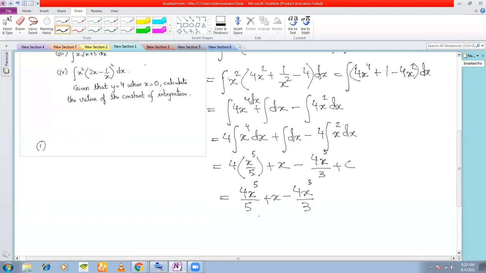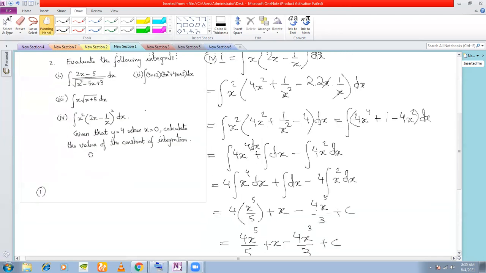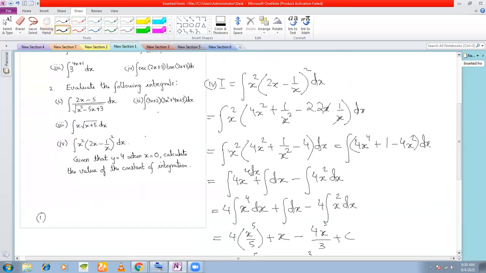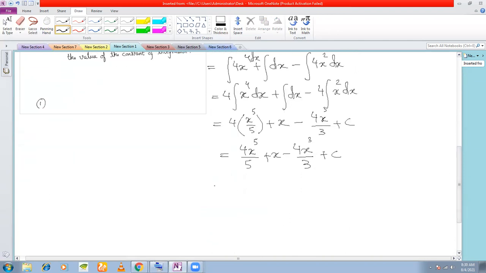Okay, that is what you are getting, plus a constant of integration. So what is the function you are getting here? That is y in terms of x.